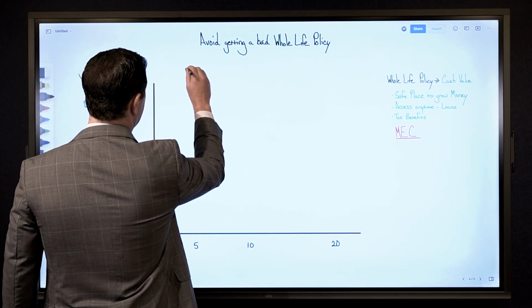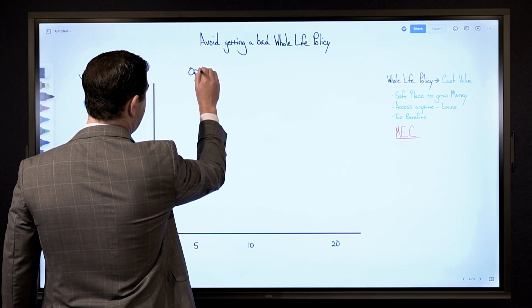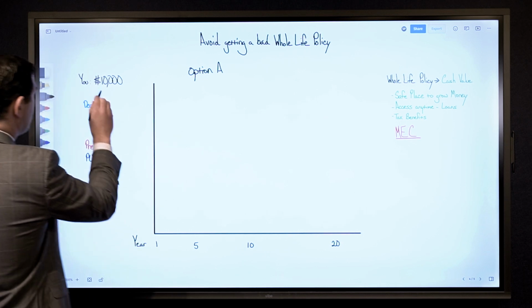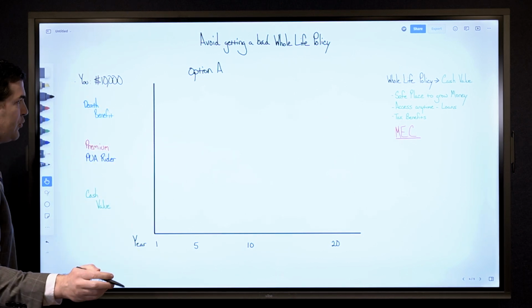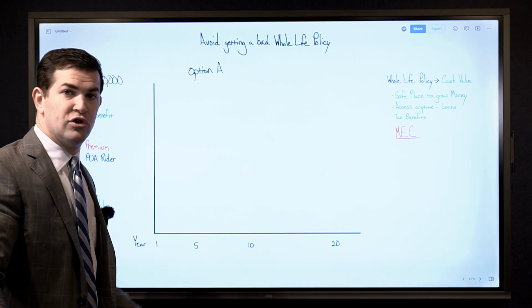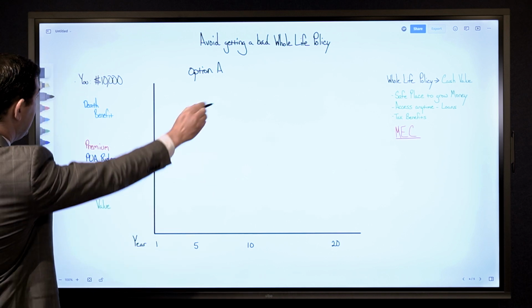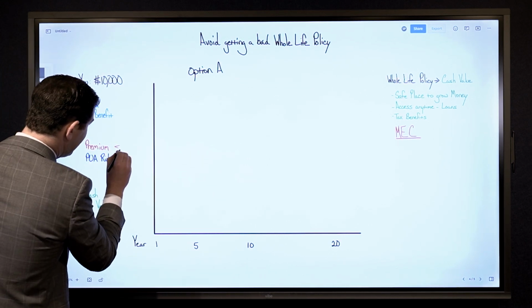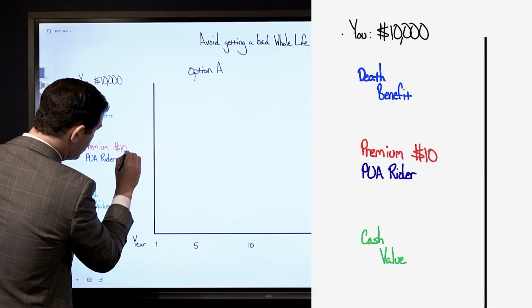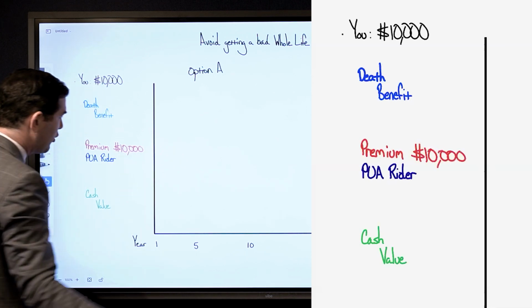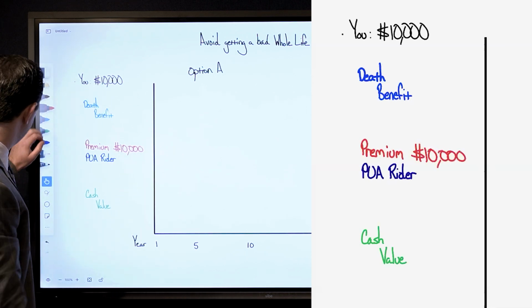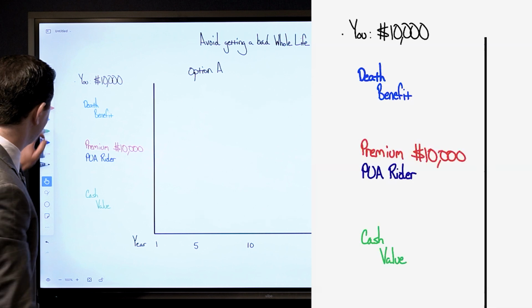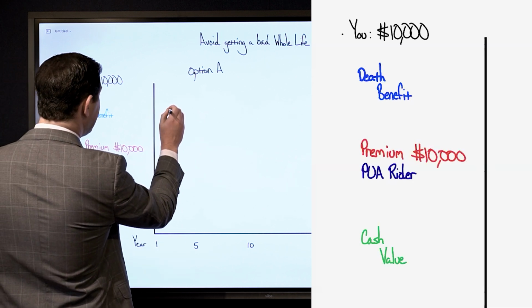We're going to start with option A. So with option A, you're going to pay in $10,000 per year. Let's assume you just buy a whole life insurance policy, meaning that $10,000 that you pay, 100% of it is going to go toward the insurance premium. What will happen with this type of policy is if you put everything toward the premium, you will have a very high death benefit to start.